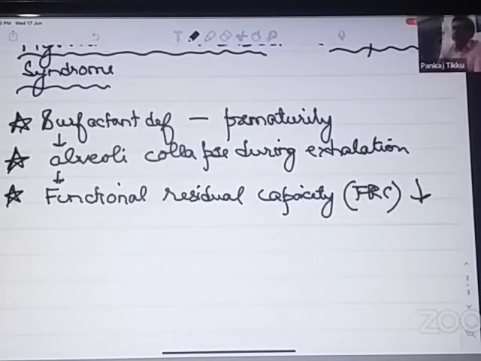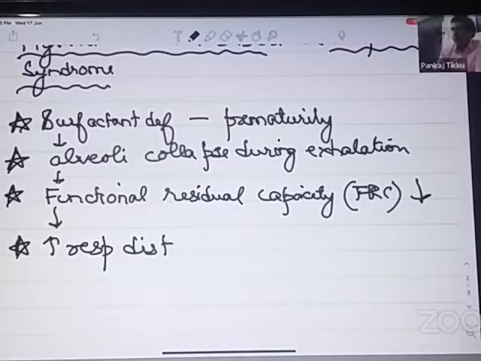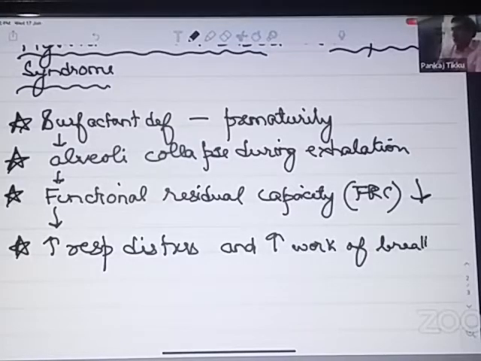When the functional residual capacity decreases, obviously there will be increased respiratory distress and increased work of breathing. So the child will start to breathe very fast, and chest retractions will also be there.